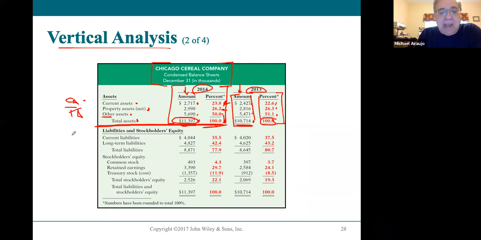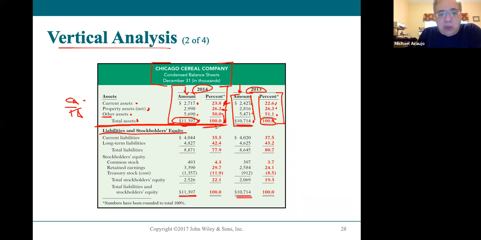Okay. And of course, we do the same thing for liabilities and stockholders' equity, except the base is the total liabilities and stockholders' equity. This is the base that you're comparing to, right?